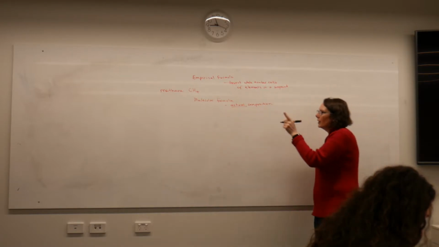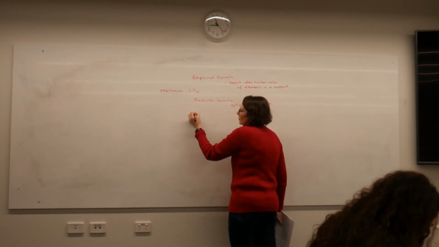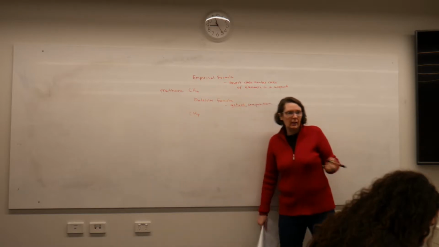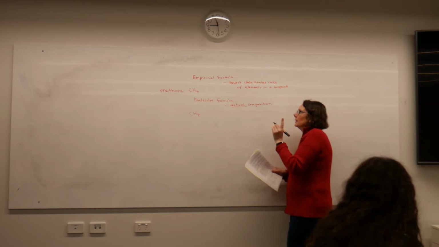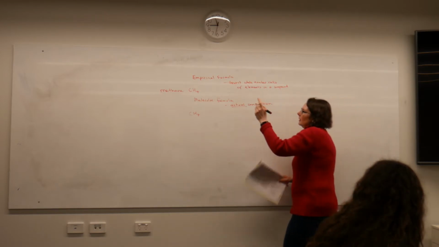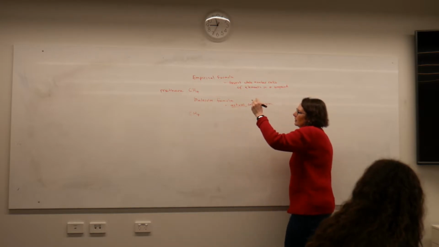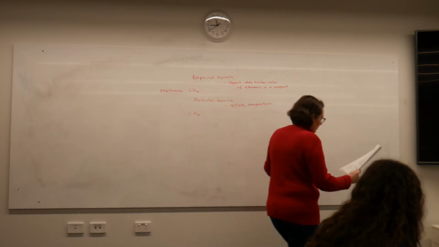So with my example here, my empirical formula for methane and my actual composition are the same. And if I have something different, we think about, well, benzene is one of our examples in here.